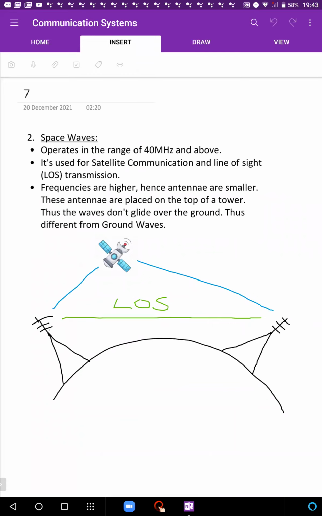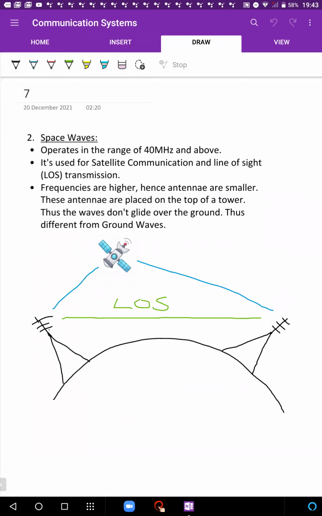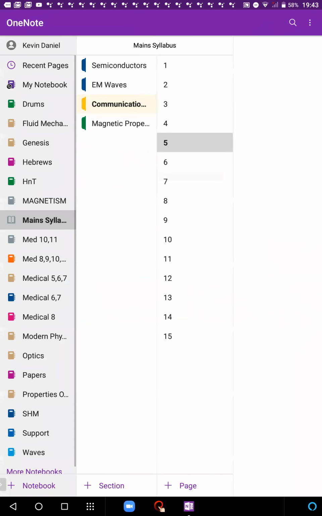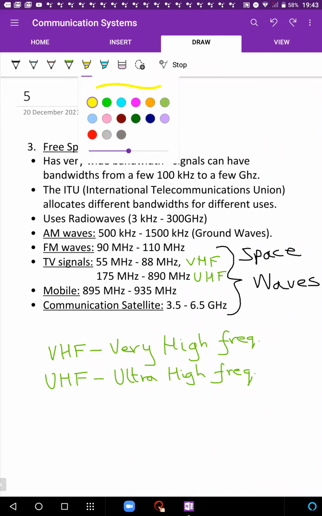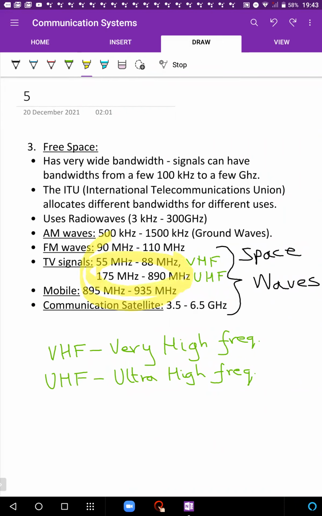Space waves operate in the range of 40 megahertz and above. The minute you read that, you have to go back to that page and check. 40 megahertz and above means all of this, so that's our conclusion. That's why all of these use the space waves mechanism.